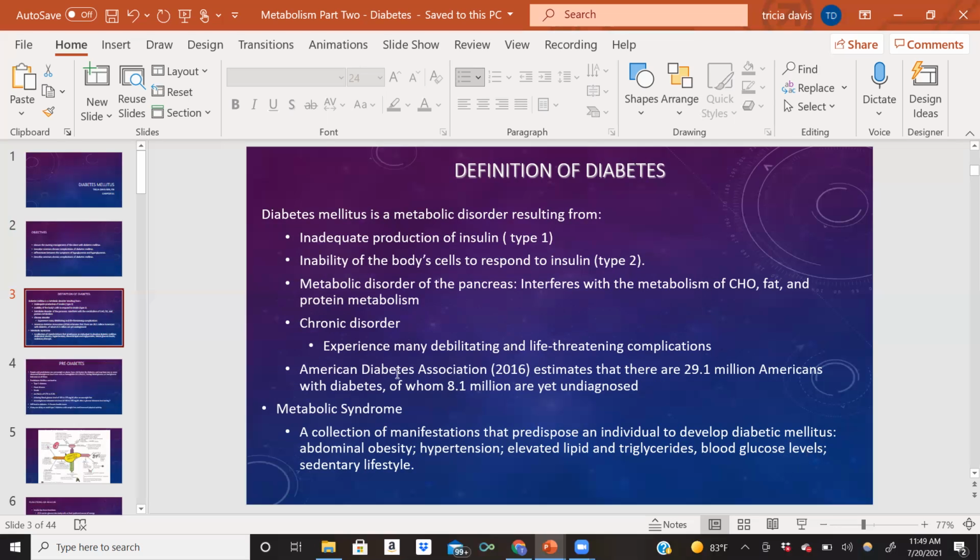So if you have a patient that's obese and they carry a large amount of abdominal fat, if they have hypertension, so elevated blood pressure, if their lipids and their triglycerides are very elevated, so that's your cholesterol and your fats, if you have high blood glucose levels, and if you live a sedentary lifestyle. So all of these things increase a person's risk of developing diabetes.